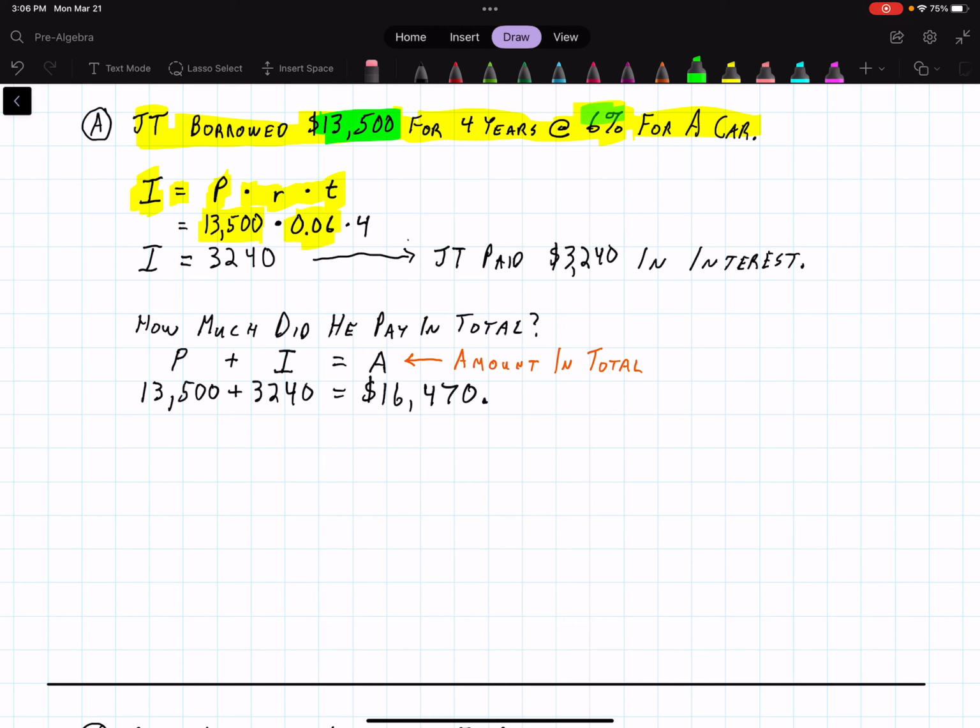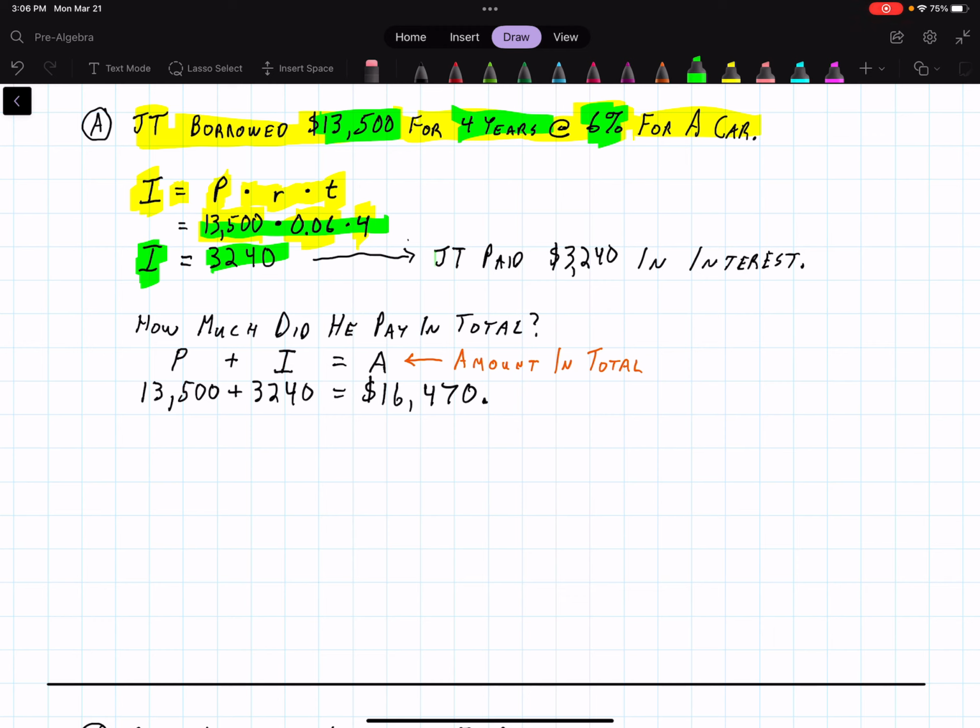We got that from right there. And we also know the number of years is right there. So it's a simple math formula. We want to figure out how much interest he paid. We take the three numbers from above, multiply them together, and we get 3,240.